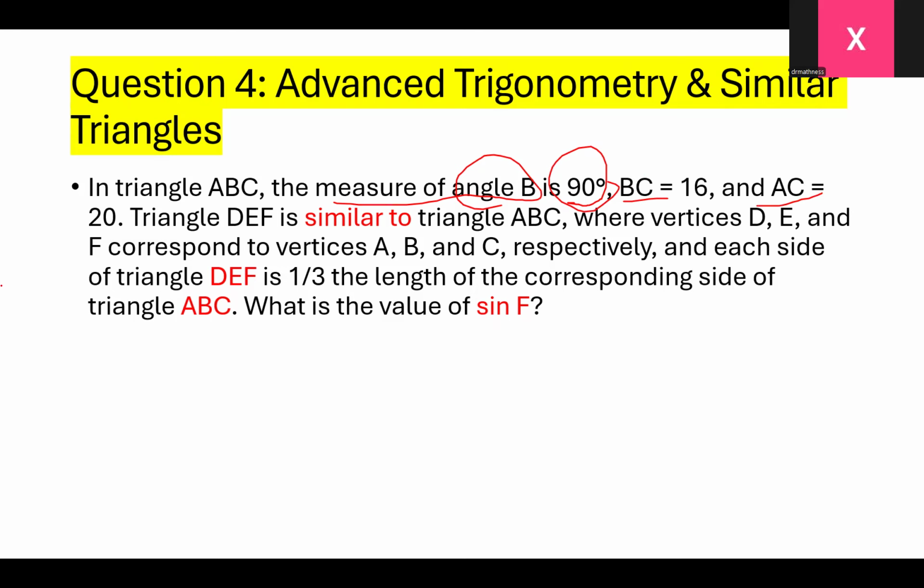We know triangle DEF is similar to triangle ABC. Yeah, this is the most important hint to solve this question, right? And also the vertices of D, E, and F correspond to the vertices of A, B, and C, right?